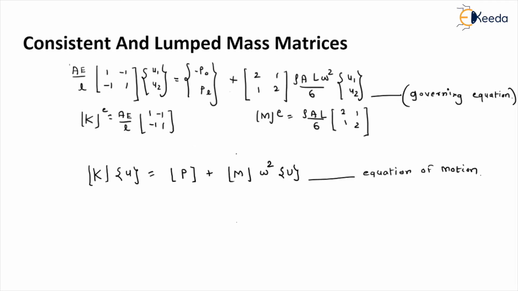So let's understand first thing first. This is my stiffness matrix. Force and mass. Omega is my natural frequency of vibration. And u is the displacement.